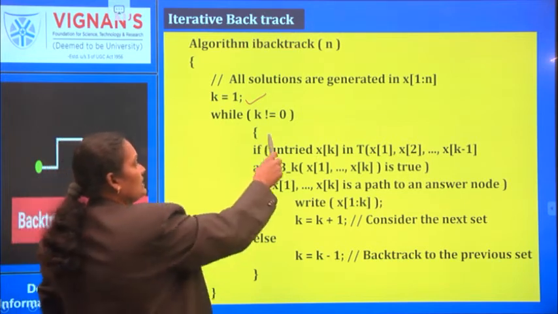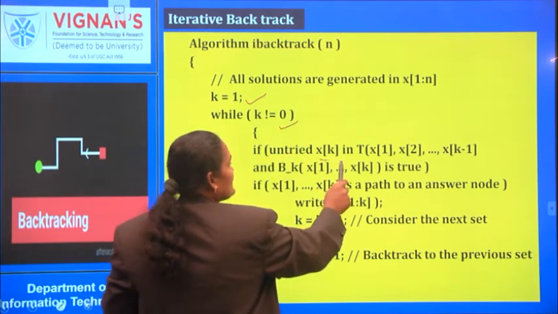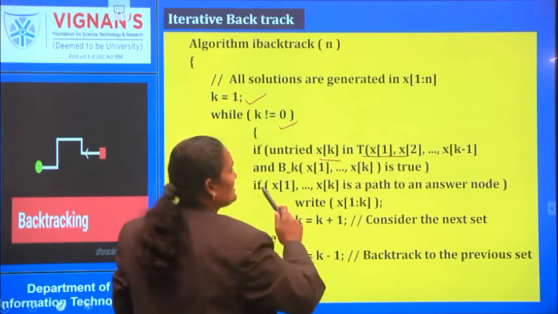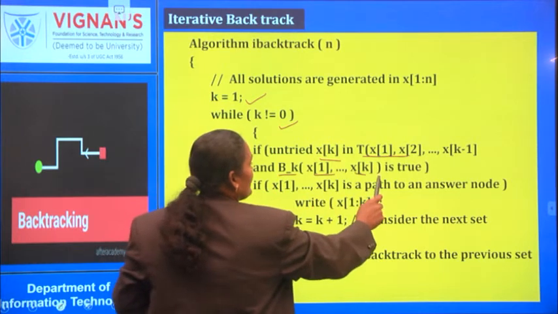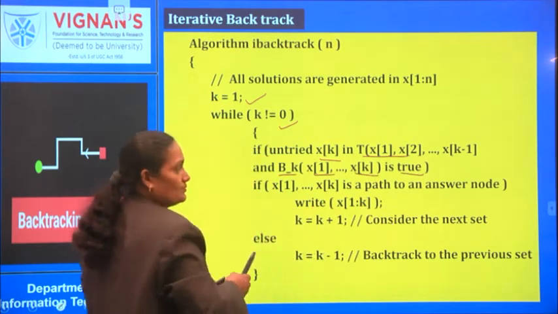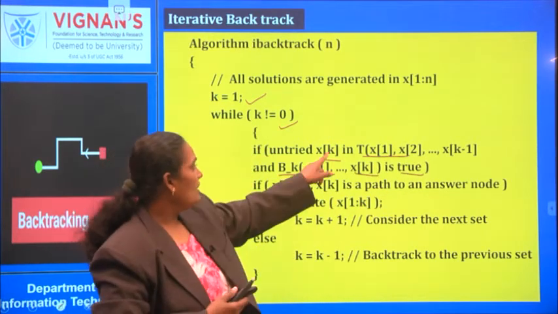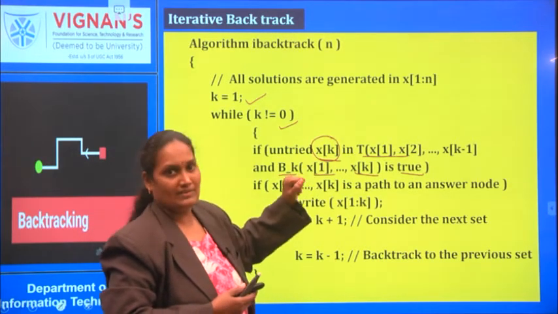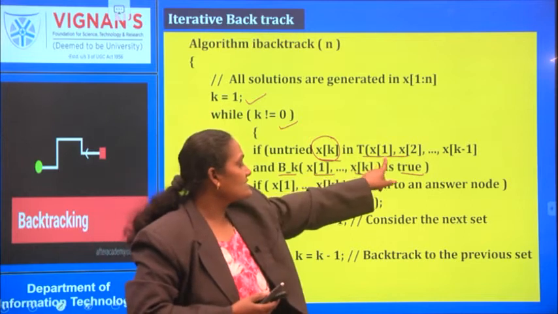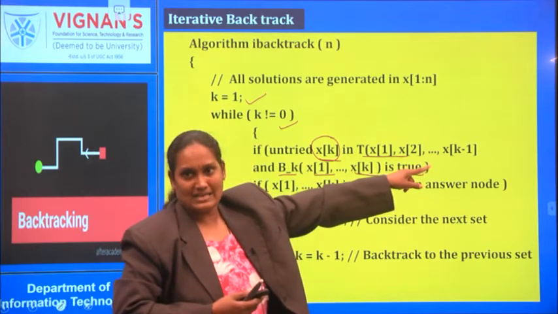While k not equal to 0, if untried xk in T of x1, x2, and so on, xk minus 1, and Bk of x1, and so on, xk is true. Now we are considering one untried value from the given input vector. Already x1, x2, and so on, xk minus 1 are selected.